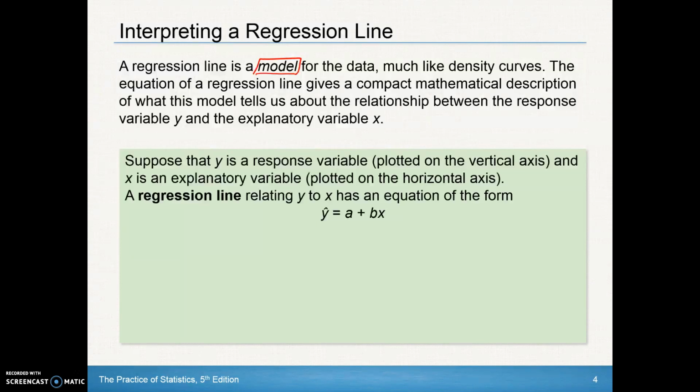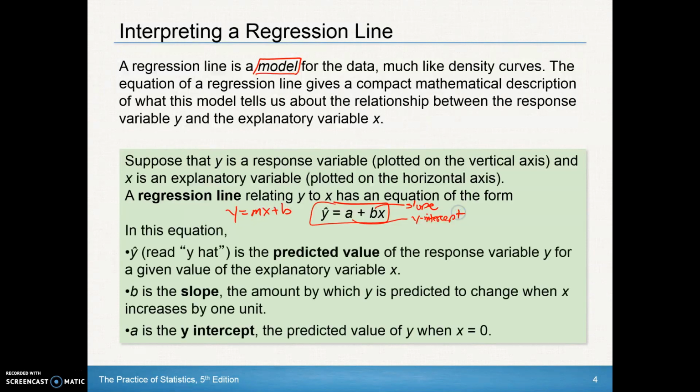So, as I said earlier, back in algebra, you talk about y equals mx plus b. Well, this is really the same thing. The b here is our slope, the number attached to the x. And here the a is the y-intercept.